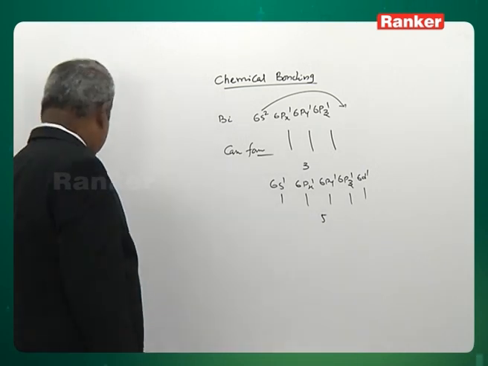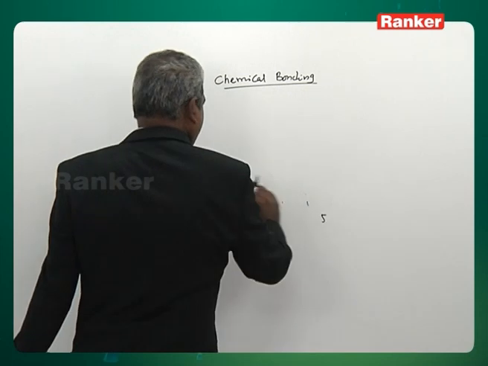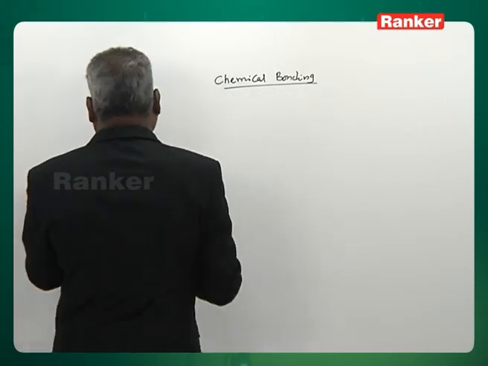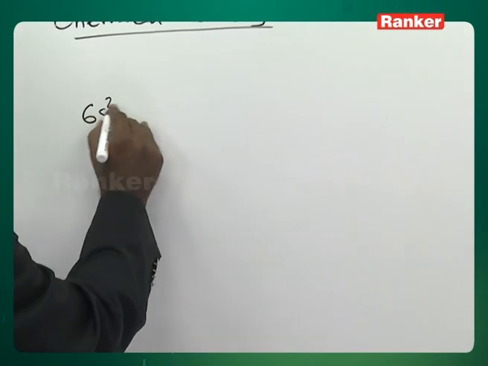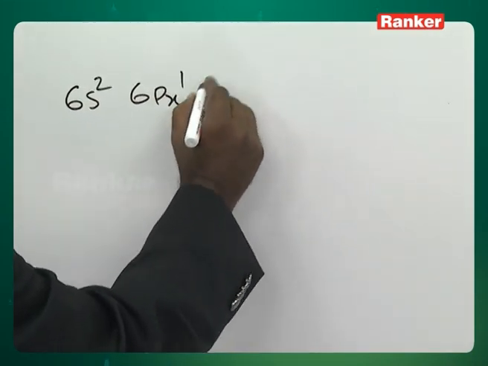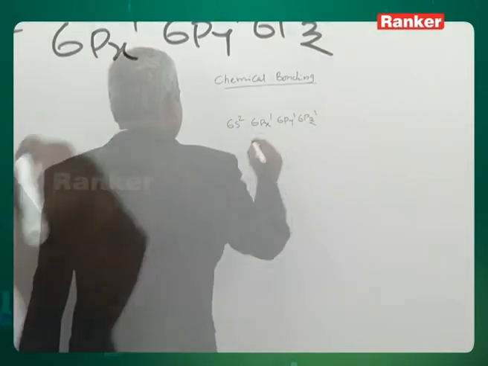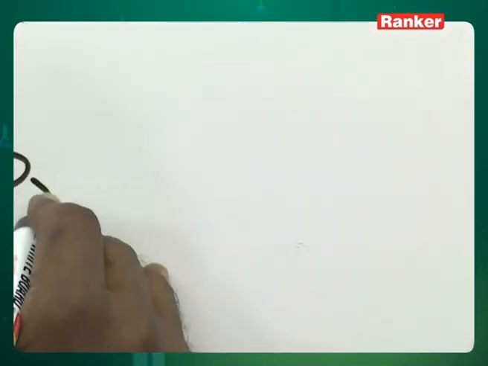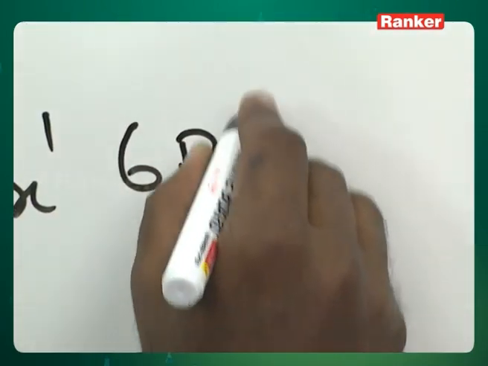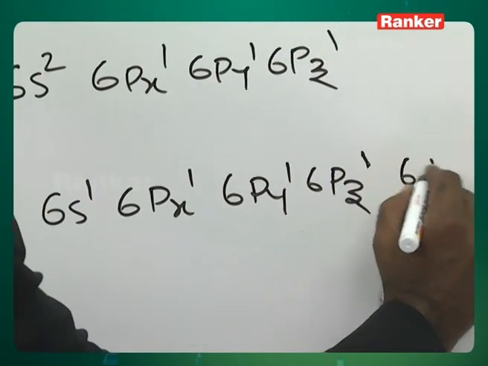But the thing is, bismuth is not willing to form 5 bonds. I tell you why. Wait a minute. 6s2, 6px1, 6py1, 6pz1. Suppose if this pair of electrons is excited, 6s1, 6px1, 6d1.